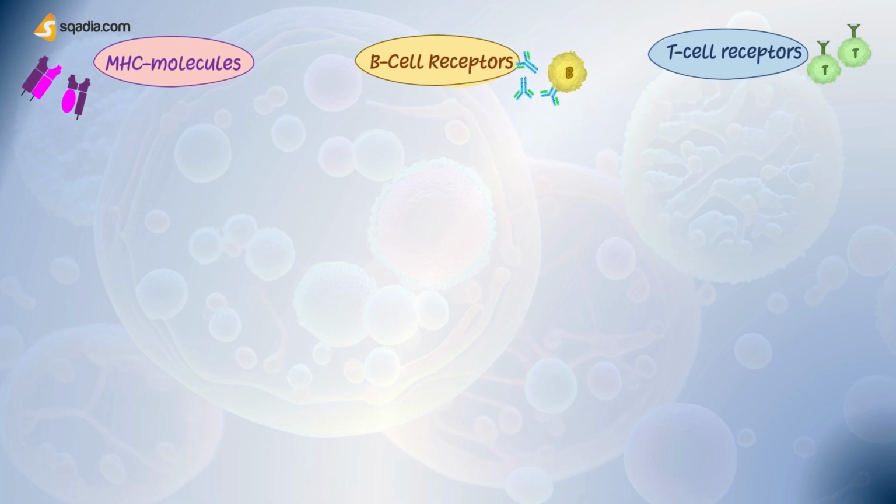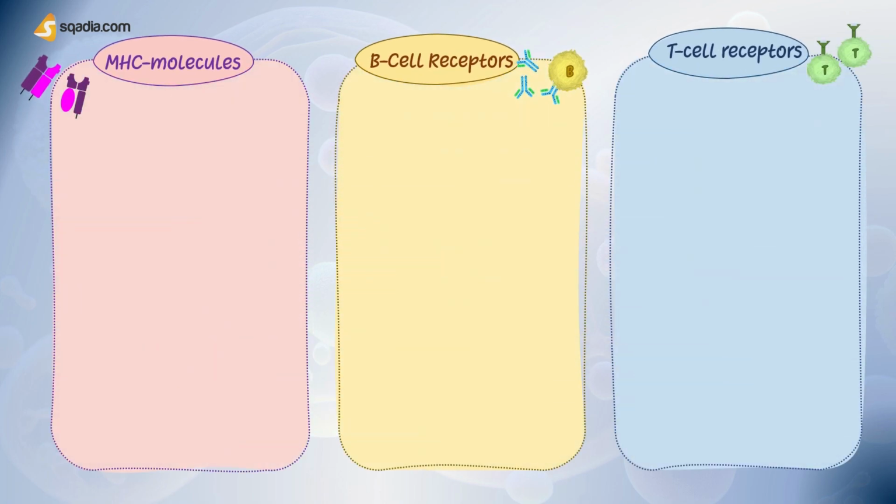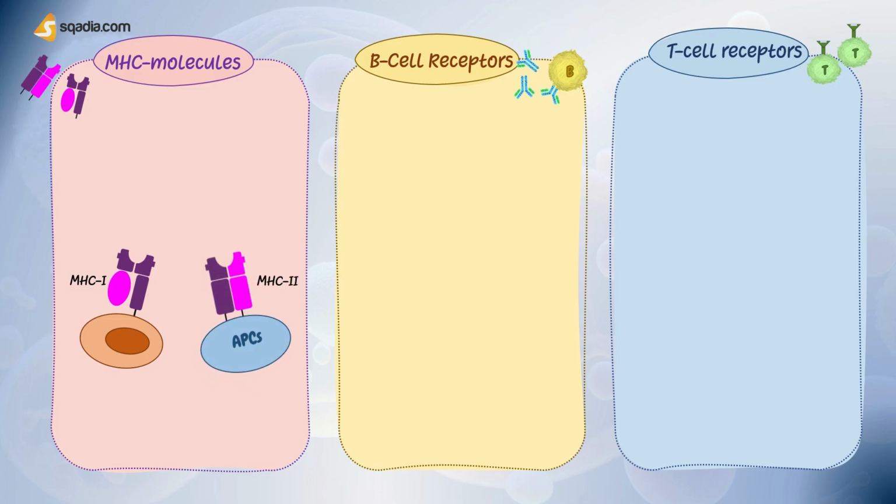Let's briefly revise them here. Although all these antigen recognition molecules belong to the immunoglobulin superfamily, all 3 differ in their mechanism of action. For instance, MHC class I molecules are found on almost all nucleated cells, and MHC class II molecules are found on APCs or antigen-presenting cells.